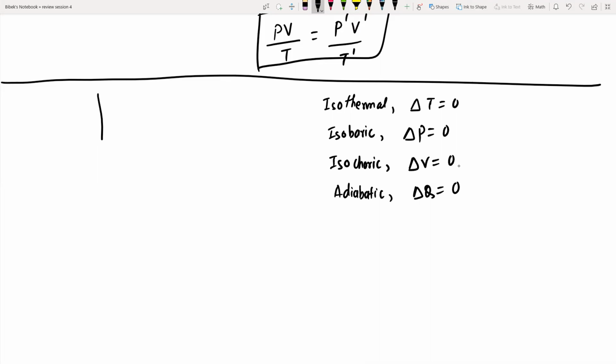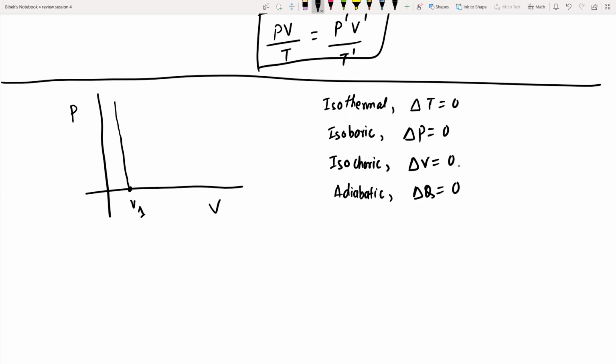So how do you draw a PV diagram? You have two axes, P and V. You have a finite volume, but the change in volume is zero. Suppose the system has initial pressure P1, then as it goes through time, your volume is not changing. That means it will be a vertical line. This is the isochoric process, in which your volume is not changing at all.